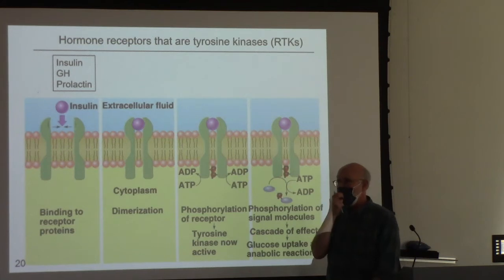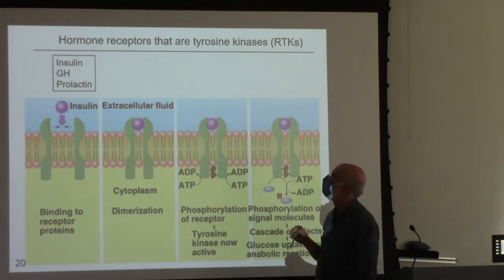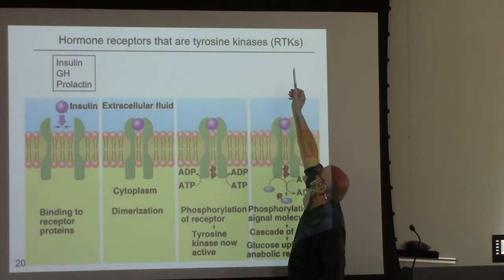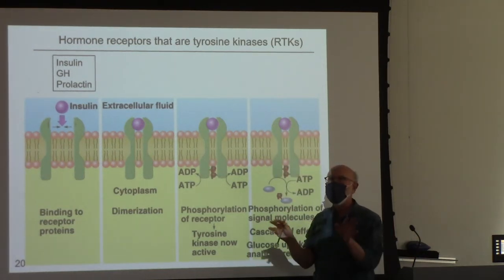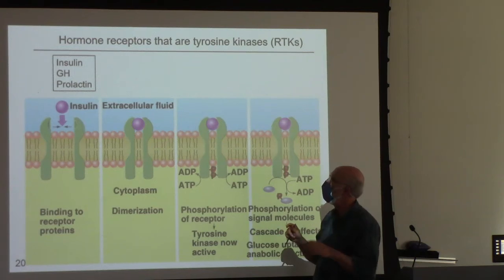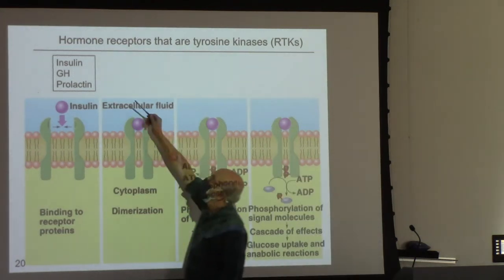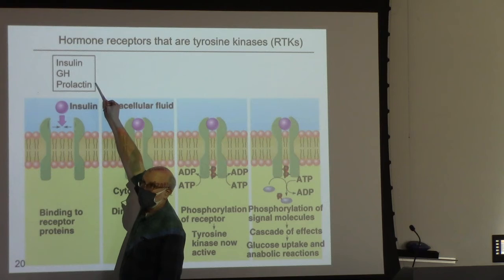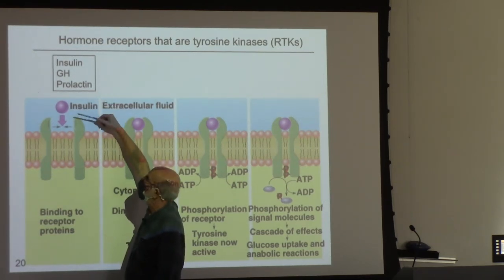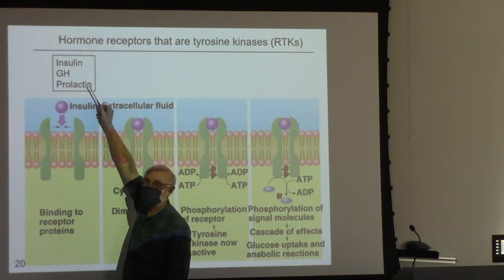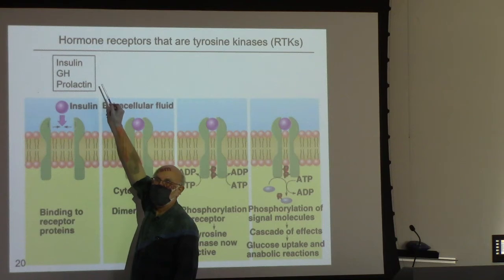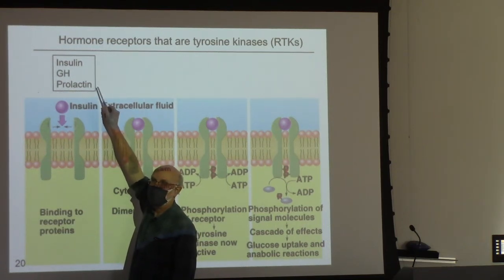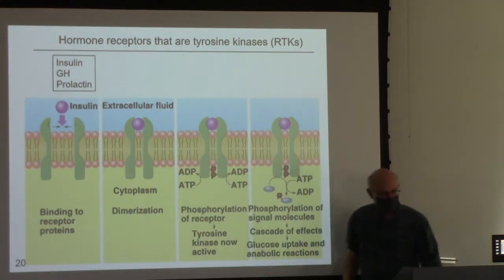Now let's talk about a different type of receptor, the tyrosine kinase receptors. Receptor tyrosine kinases, or RTKs, a whole other class of receptors. There are 3 hormones that couple to receptor tyrosine kinases. I don't think it's too much to ask that you memorize these 3, right?